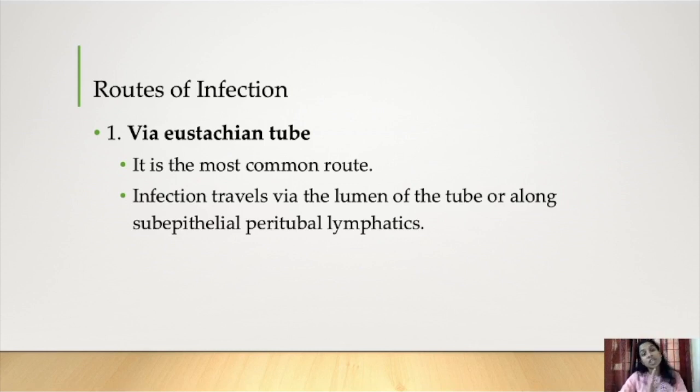So the infection can travel from behind the nose, from an upper respiratory tract infection, from the oropharynx and nasopharynx, and very easily spread to the middle ear cavity through the eustachian tube, via the lumen of the tube or along the lymphatics.